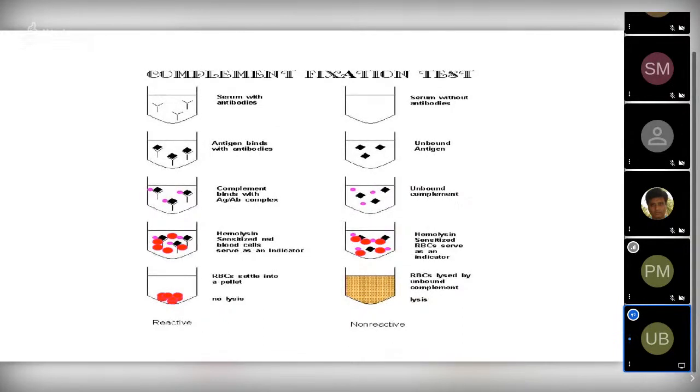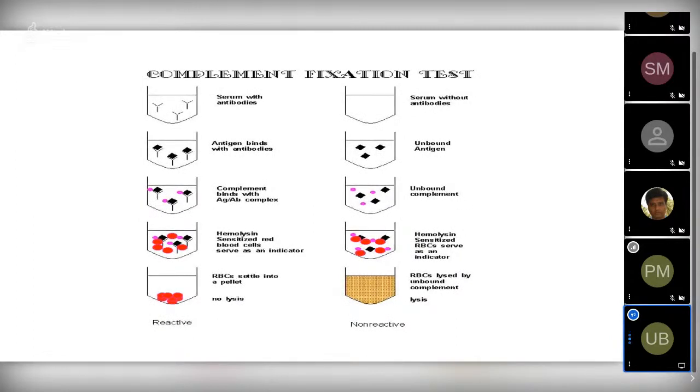Complement is usually stimulated only by an antigen antibody complex in case of the classical complement pathway. So once this complement attaches to the antigen antibody complex, then you add an indicator system. This indicator system is nothing but sheep red cells which are already sensitized to this antibody. Sorry, this antigen. So this is used as an indicator.